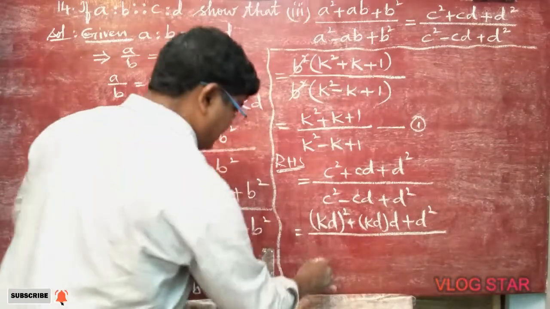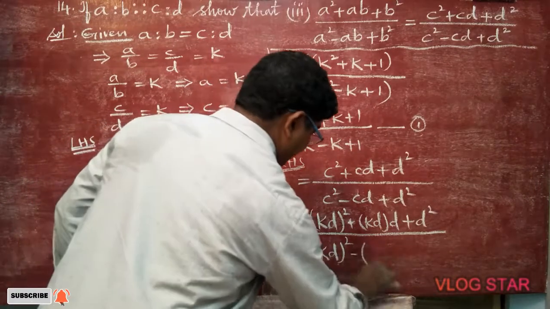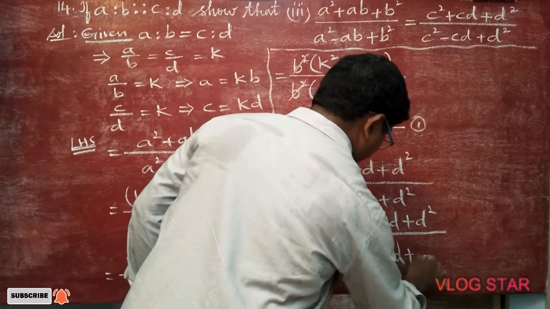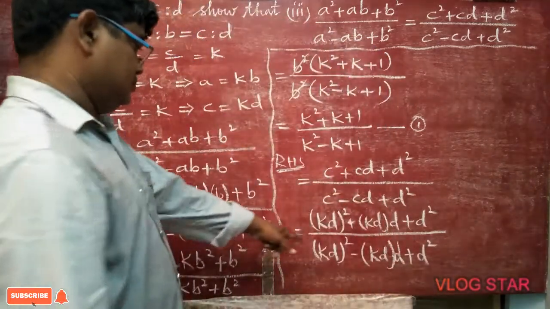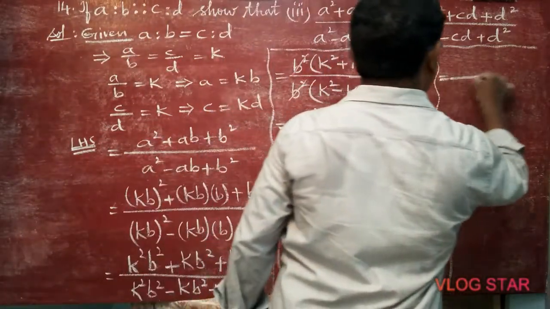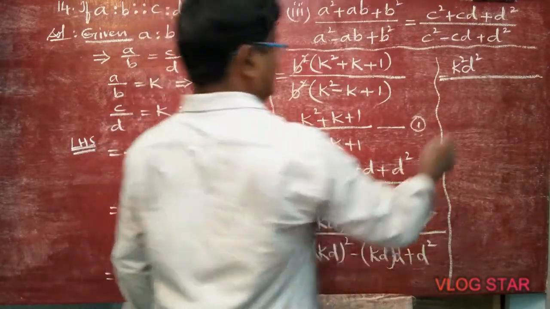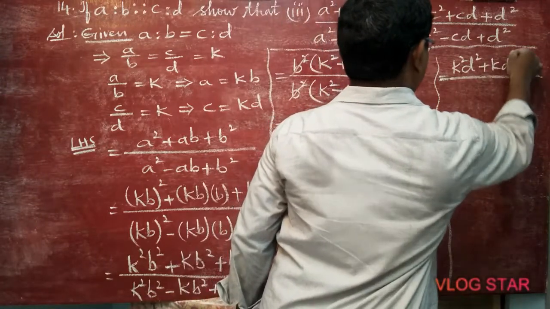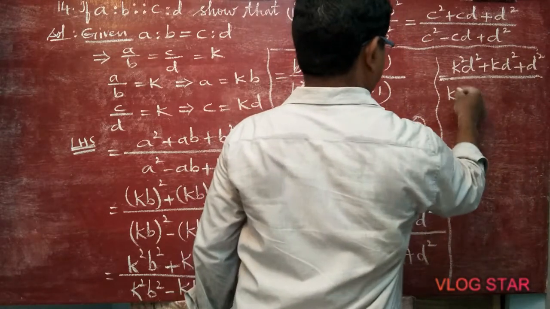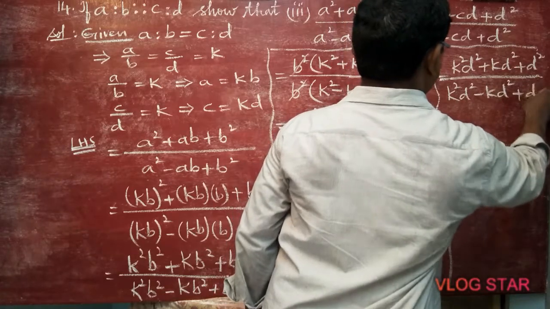Now coming to the denominator, KD whole square minus KD into D plus D square. Now simplify. K square D square plus KD square plus D square. Denominator K square D square minus KD square plus D square.